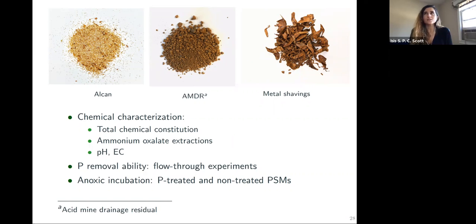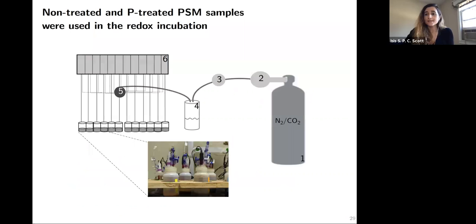So we saturated the materials to a 60% level of saturation. And this is how our incubator looks like. We have a constant gas inflow, regulated through a gas valve and a pressure valve, and then the gas goes into a water bottle and into a manifold that will distribute the gas to our incubation vessels.